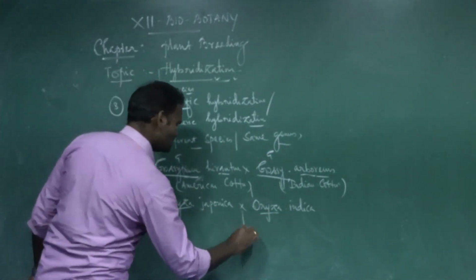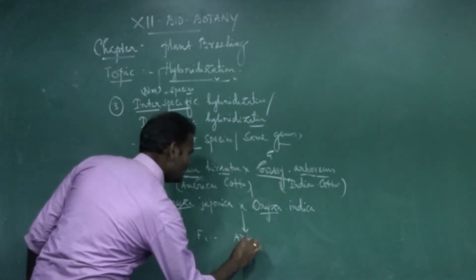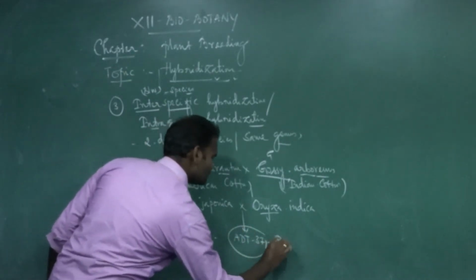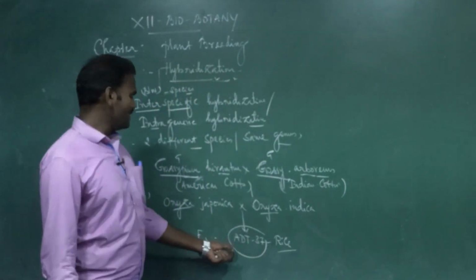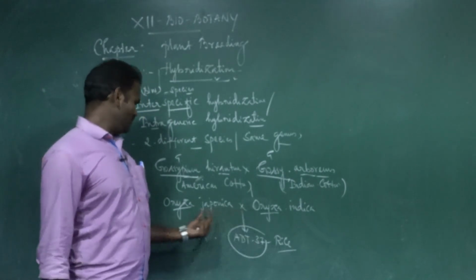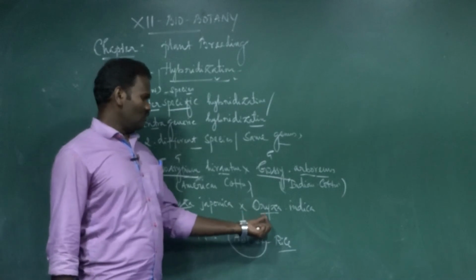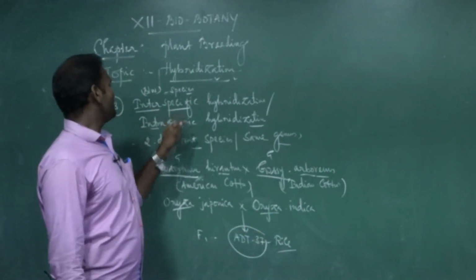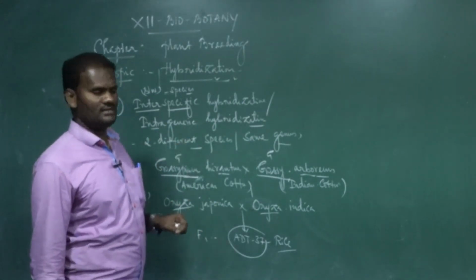To obtain the F1 hybrid, these are called ADT-37 rice varieties, which also increase the yield. ADT-37 is a rice variety obtained by crossing Oryza japonica and Oryza indica. This is another example of interspecific hybridization, also called intrageneric hybridization.